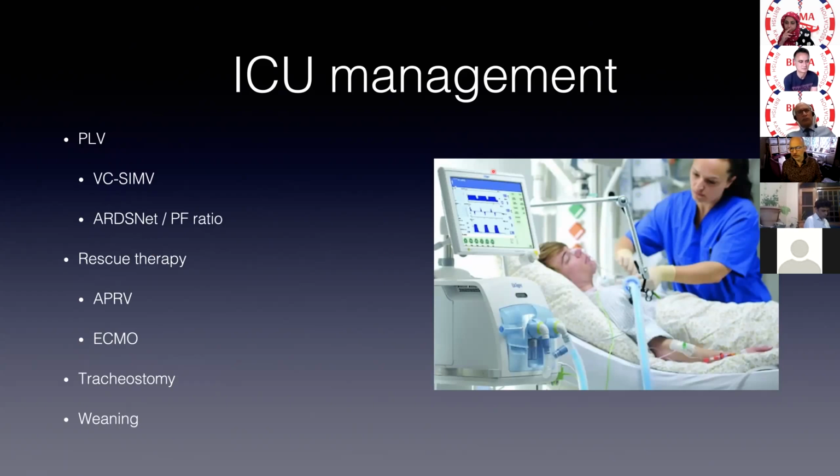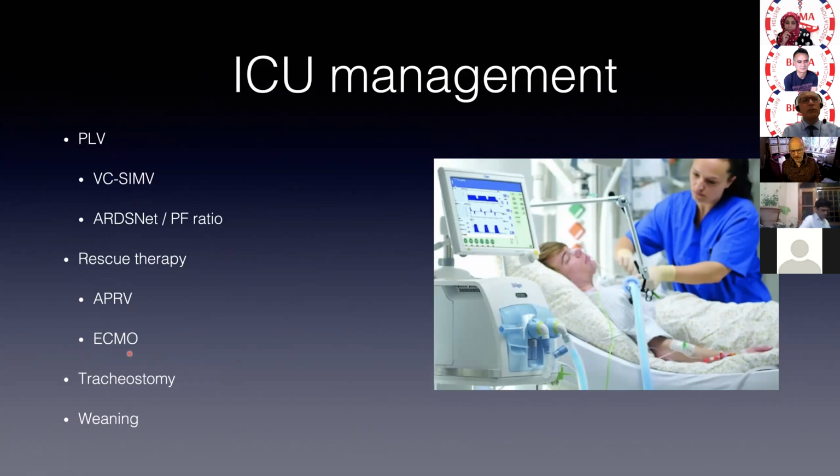We're fortunate to have Draeger ventilators, and our default mode of ventilation is VC-SIMV, and we only use a very small number of modes of ventilation in our unit to try and get consistency and to try and do a small number of things well. As a rescue therapy, we use airway pressure release ventilation. We have access to ECMO, not in our hospital or indeed in Birmingham, but at Leicester, which is about 35 miles away.